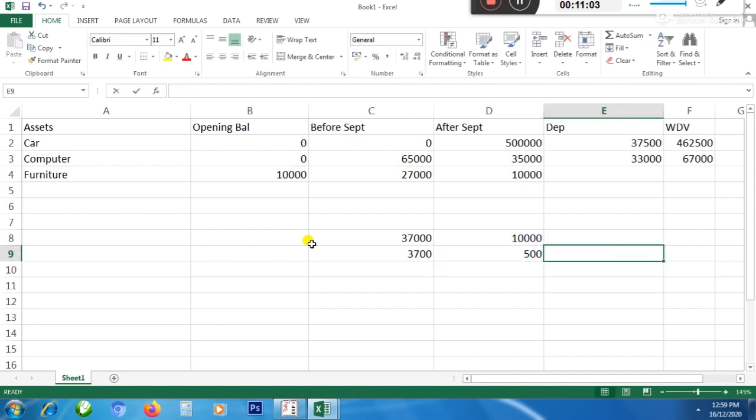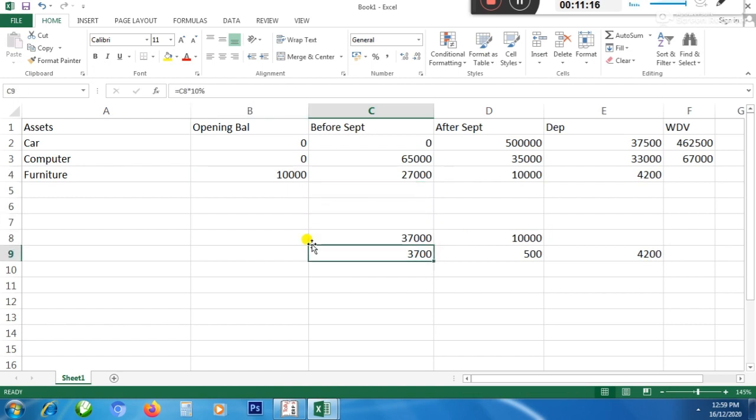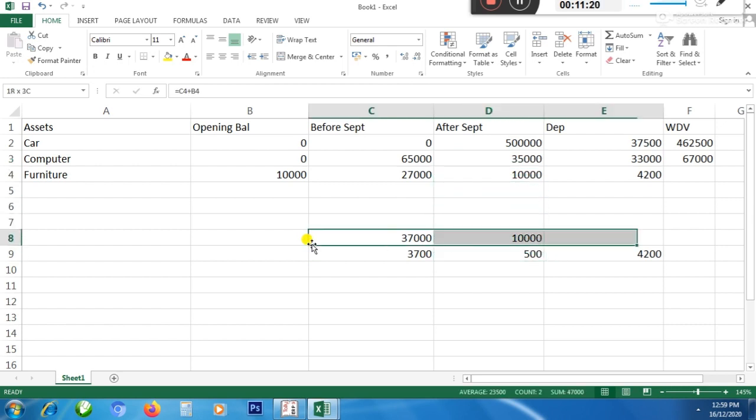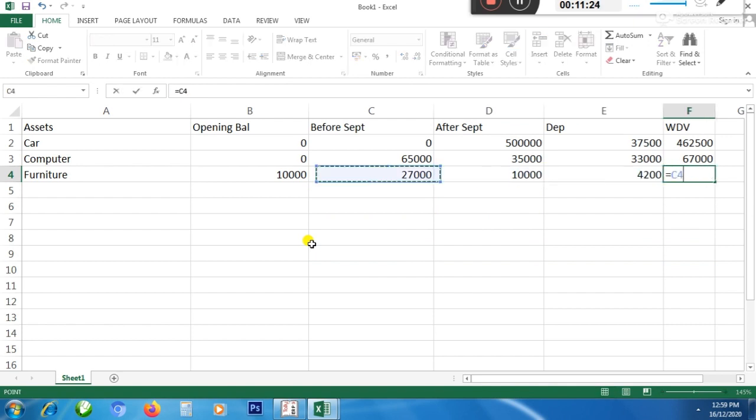So total depreciation becomes this plus this, that is 4,200. Opening balance and before value you add and calculate full depreciation on this, and after September only half the rate. So written down value is this plus this minus this depreciation.